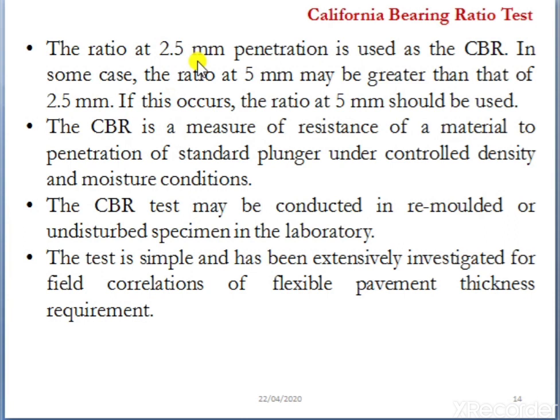Hence, we will consider the CBR value for a depth of 2.5 mm penetration. However, in some soils, the CBR value will increase at a depth of 5 mm. In such cases, we can consider the value of CBR for the penetration of 5 mm depth.